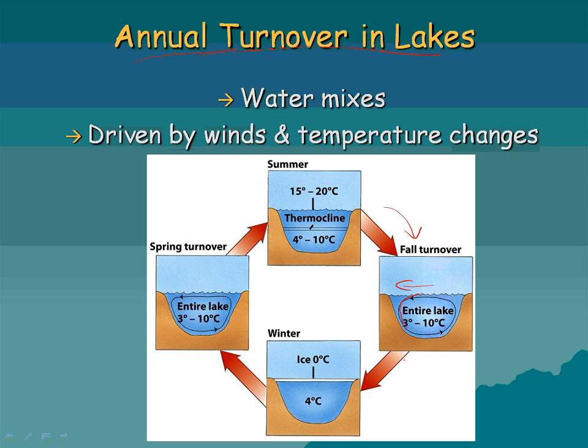Okay, and then in the winter, in temperate places where it gets cold enough, you're going to get ice on the top. That's actually going to form a nice kind of insulating layer for the folks underneath that can still live in the water. Okay, and then in the spring, as this water warms, it's going to rise to the surface, and also winds are going to help mix it up. So you basically get this constant circulation that's really important for lakes.